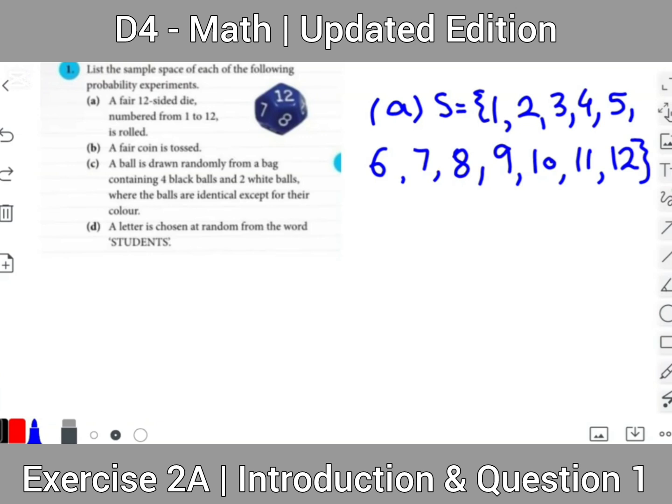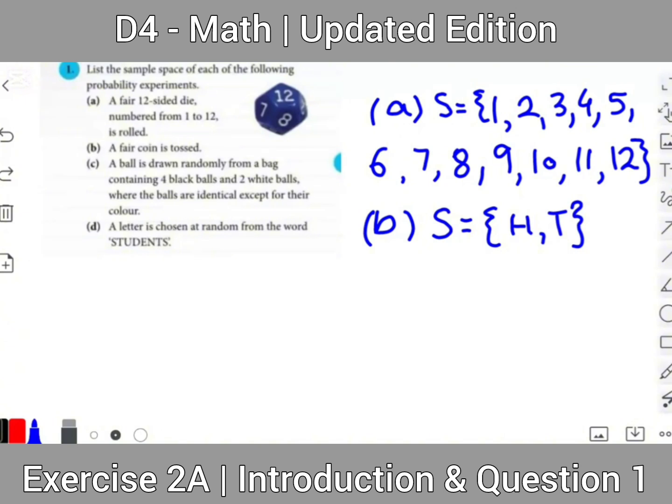Now for part B, a fair coin is tossed. When a fair coin is tossed, we have two outcomes. So the set S will be equal to head, tail. Now for part C, a ball is drawn randomly from a bag containing 4 black balls and 2 white balls, where the balls are identical except for their color.